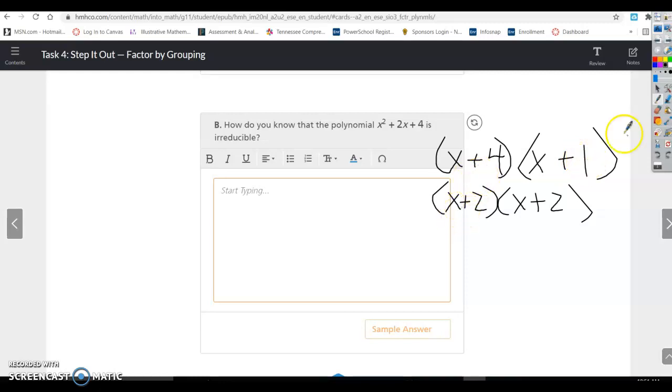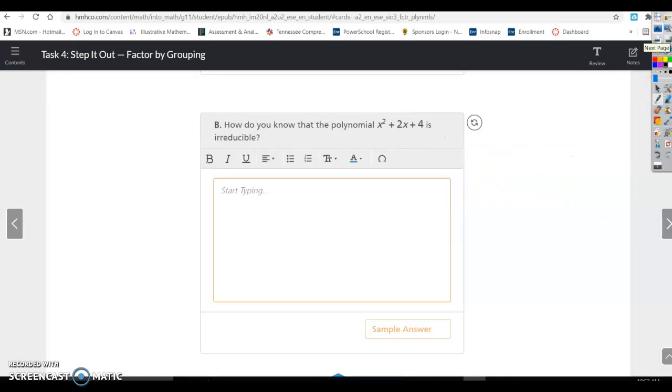So this one can't be it because it's not giving us the correct middle term. X times x is x squared, plus 2x plus 2x is 4x in the middle, plus 4 on the end. So again, the middle term is not going to come from this. So that means this one is irreducible. Means it cannot be factored further.